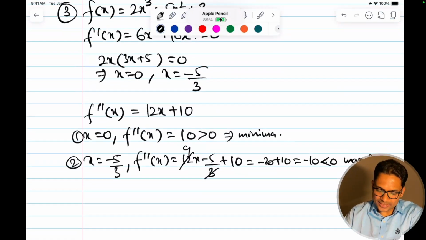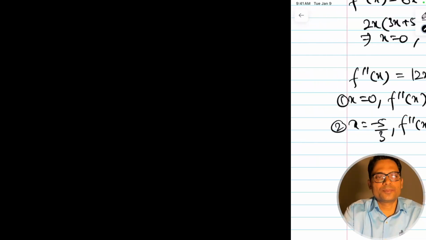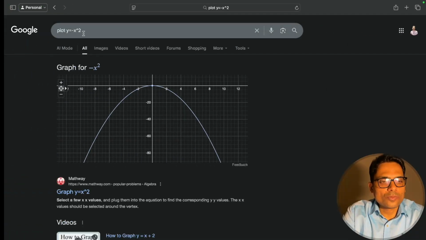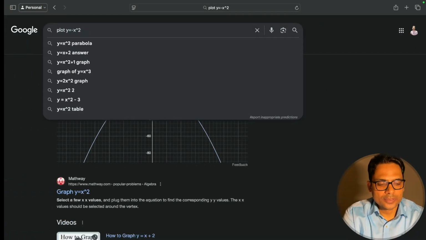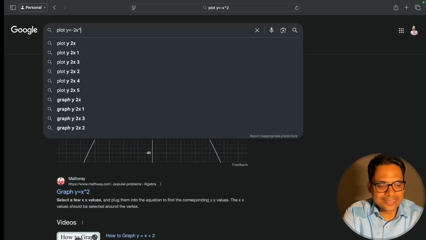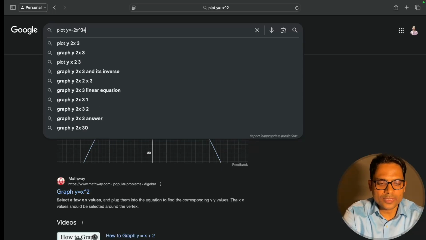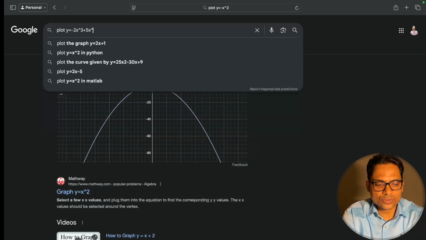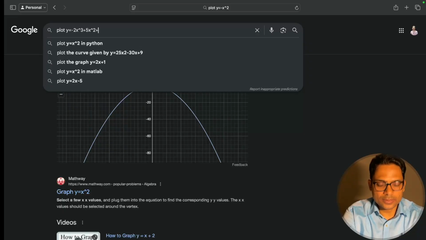What is the curve? 2x cube plus 5x square plus 3. So plot 2x cube plus 5x square plus 3.